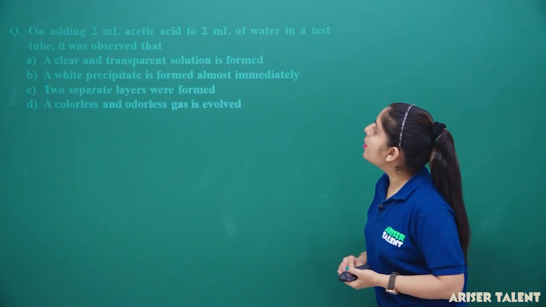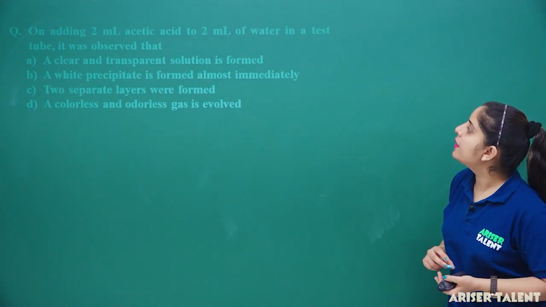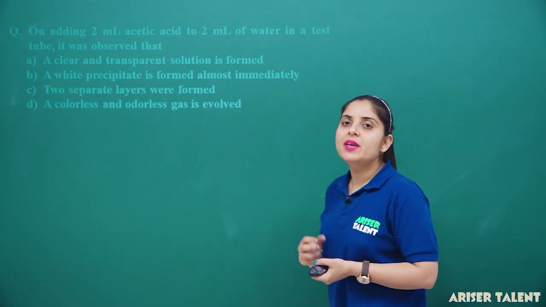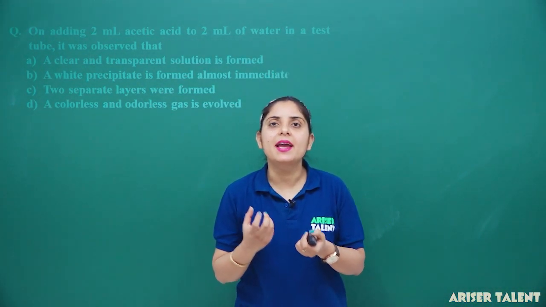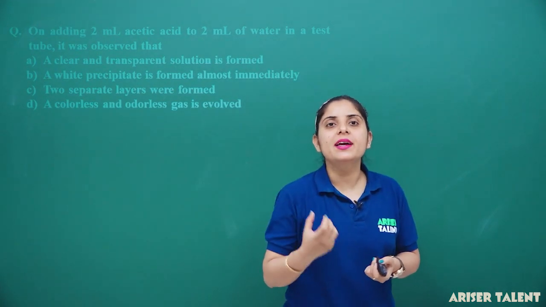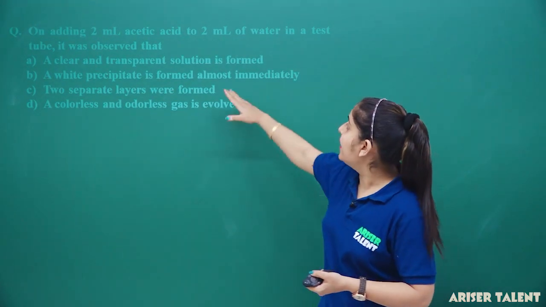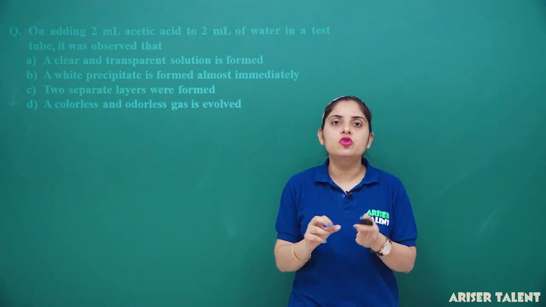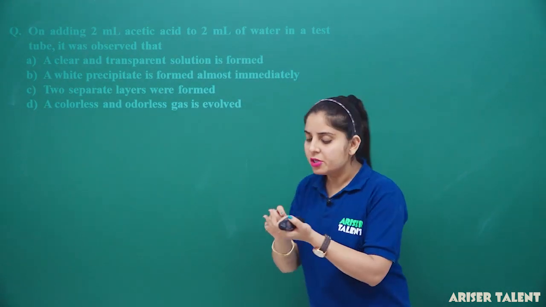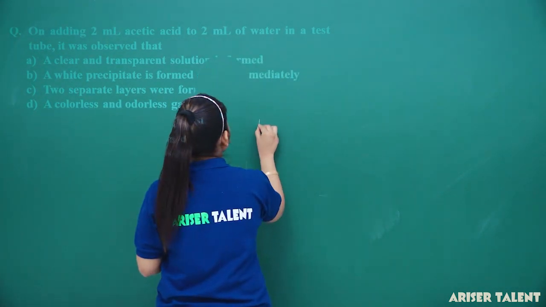On adding 2 ml of acetic acid and 2 ml of water in a test tube, what will we observe? We can see that acetic acid is actually vinegar. So when vinegar is dissolved in water, we will get a clear and transparent solution because these two are liquids.